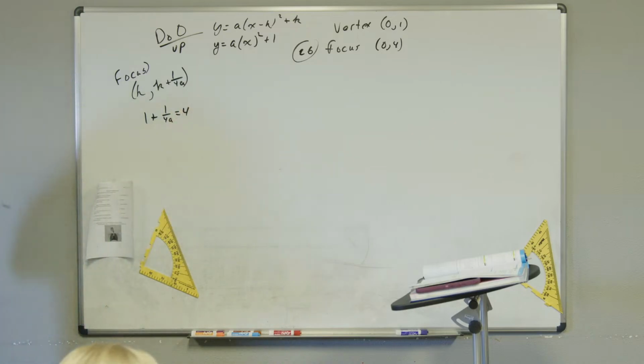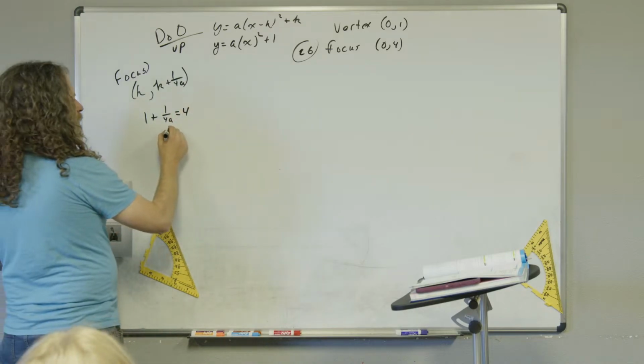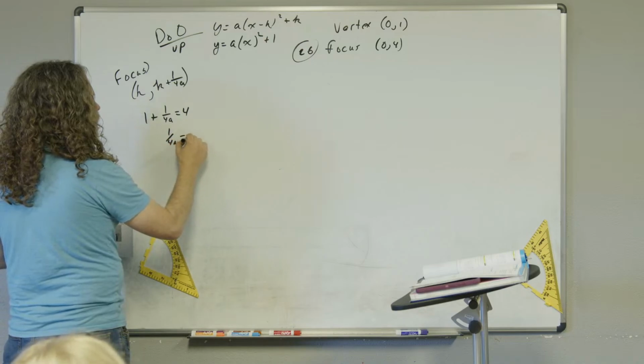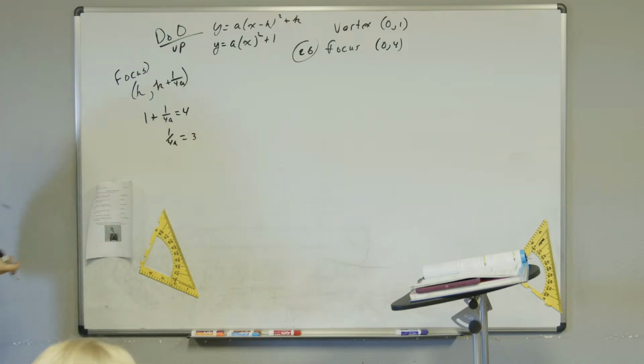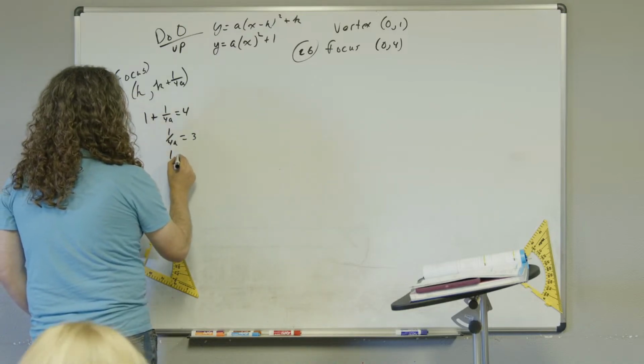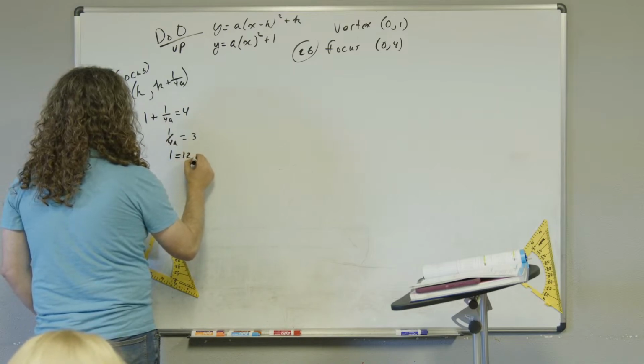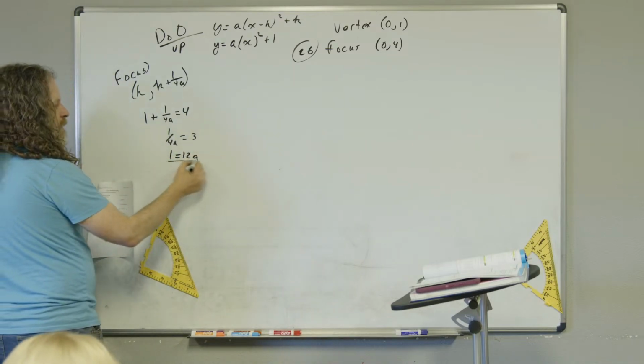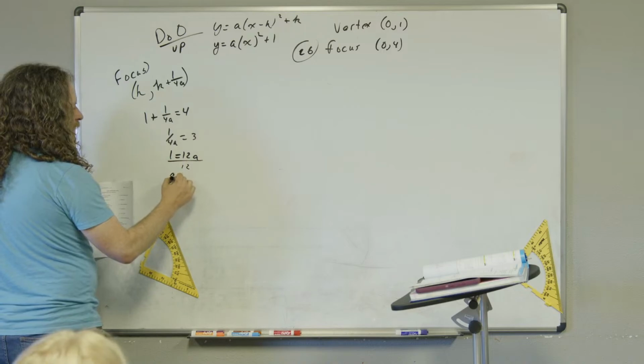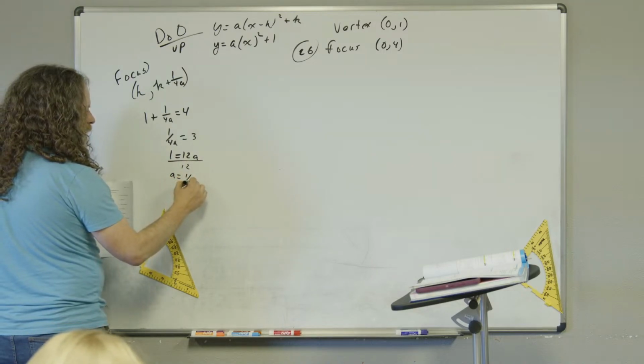Subtract 1 from both sides. We end up with 1 over 4a equals 3. Multiply both sides by 4a. We end up with 1 equals 12a. Divide by 12 on both sides, and we end up with a equals 1/12.